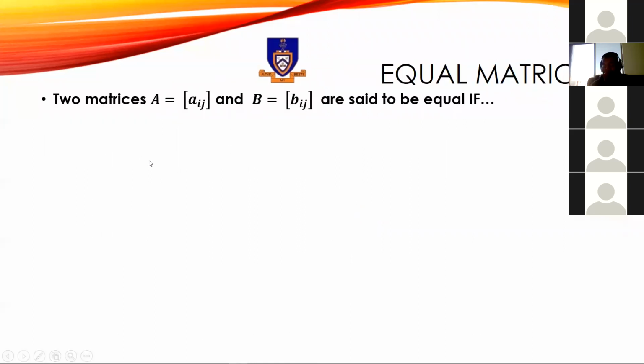So we also have equal matrices, and equal matrices is now another thing that we will talk about.